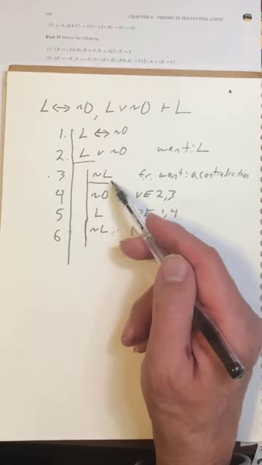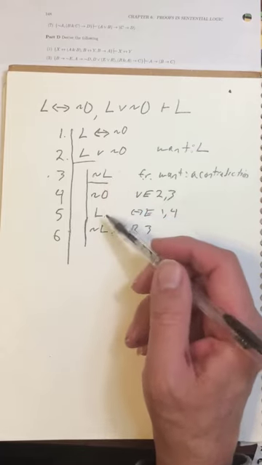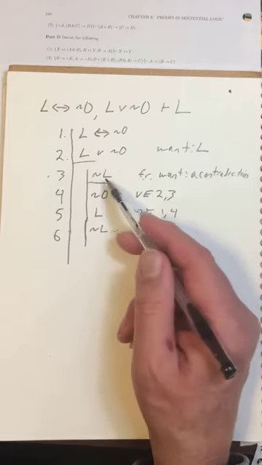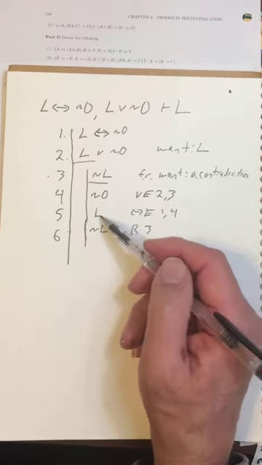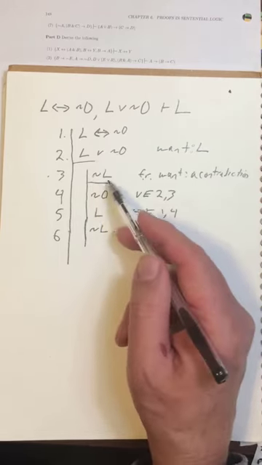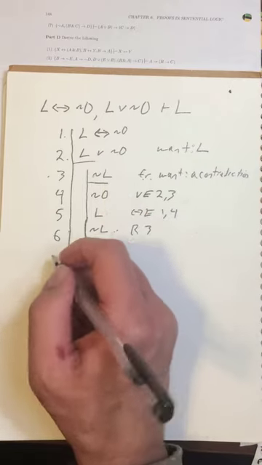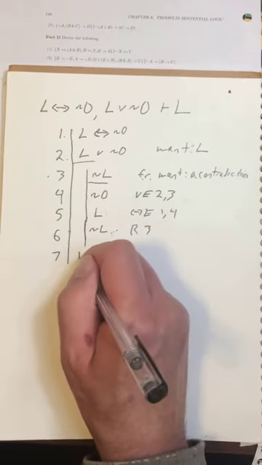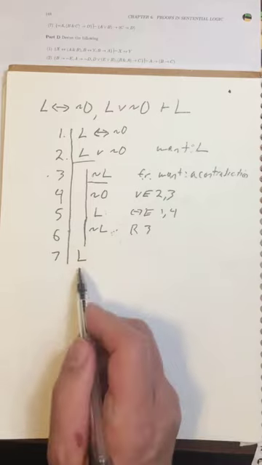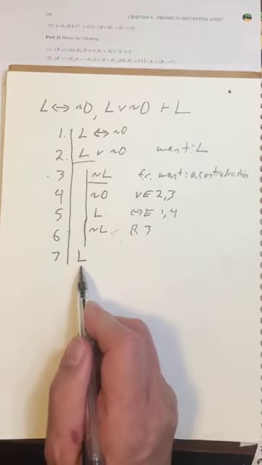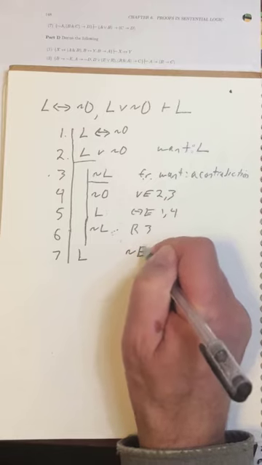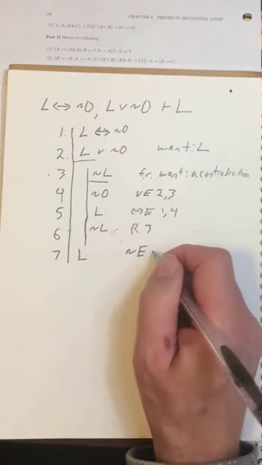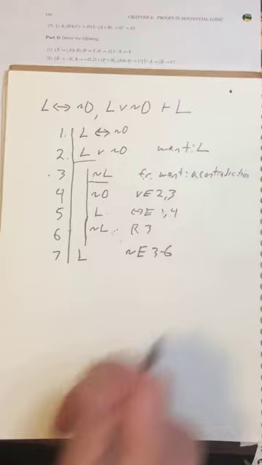So you've shown that the statement not L leads to this contradiction. Since it leads to the contradiction, we know that not L can't be true, which means that L is true. Now we get L where we want it out here, and this is negation elimination, lines 3 through 6.